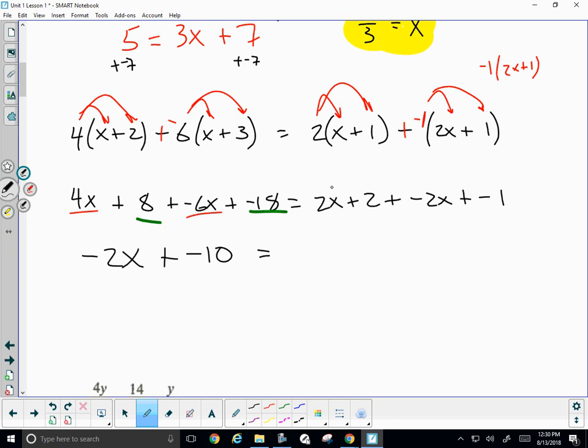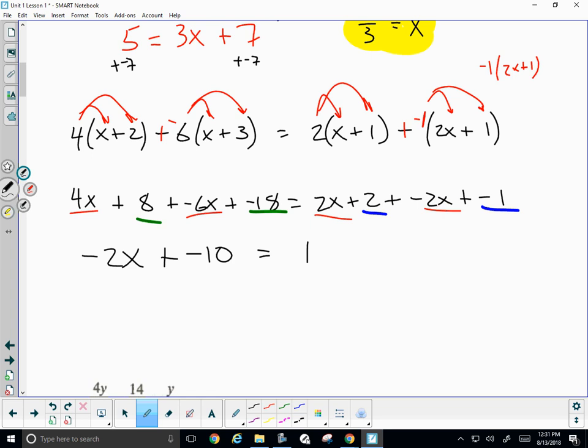On the right side, this 2x and this 2x, like terms. Same side, combine. 2x minus 2x, or 2x plus negative 2x, 0 x's. I also have 2 and negative 1, or 2 plus negative 1. Same side, combine. 2 plus negative 1 is 1. So this is just 1.